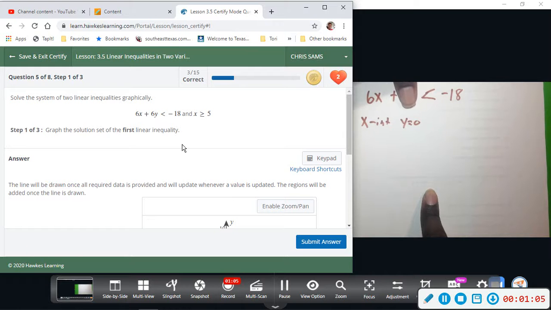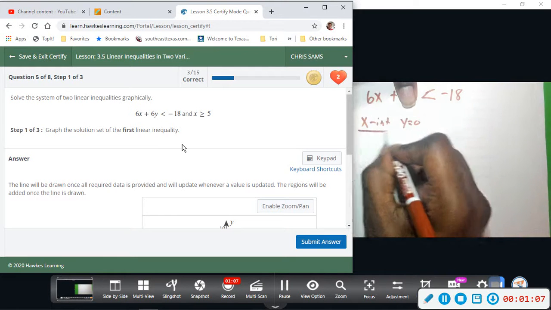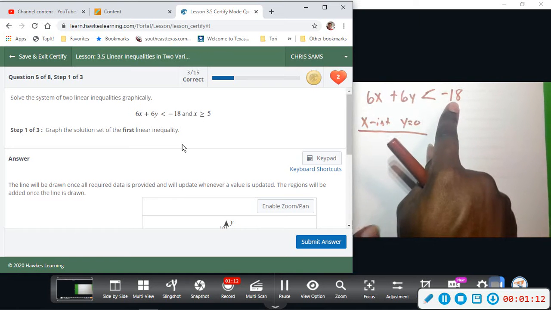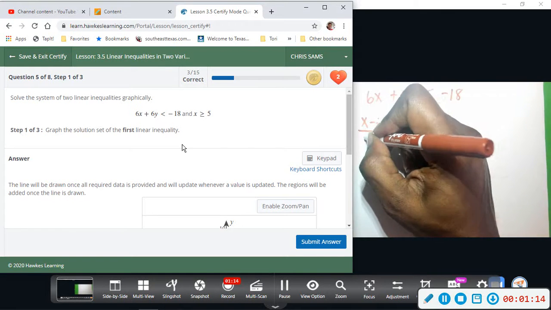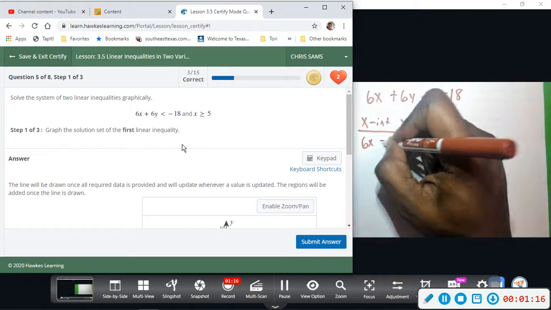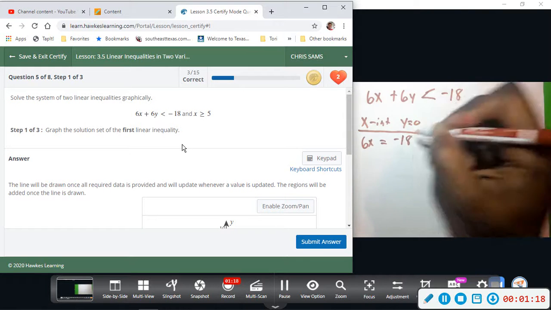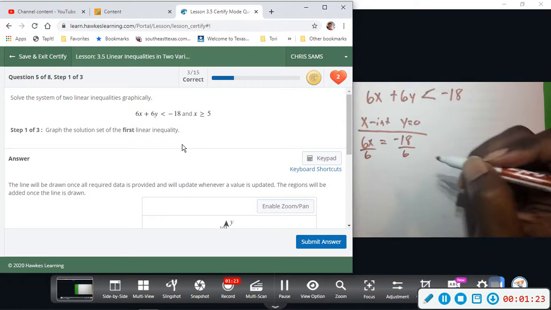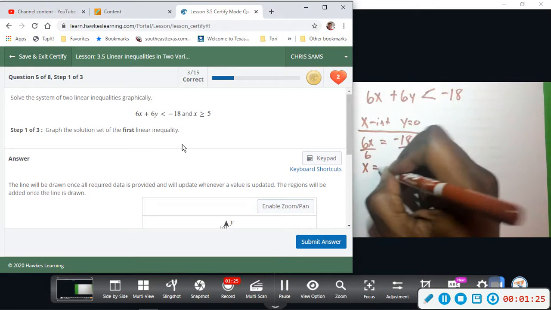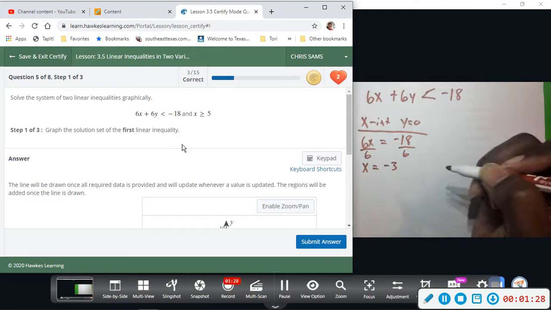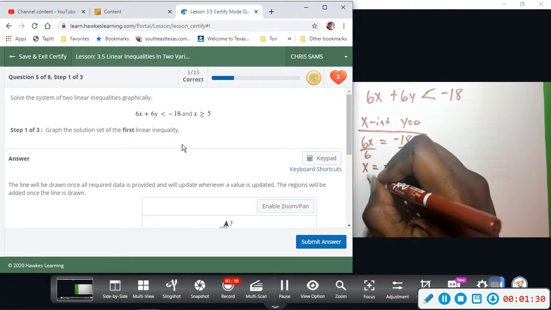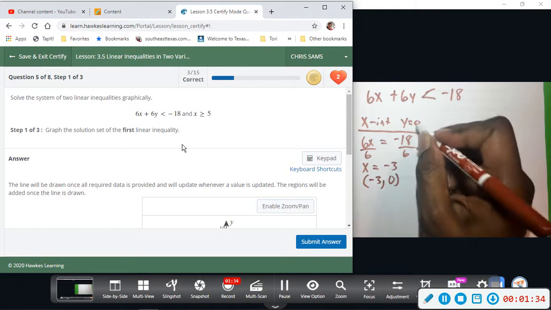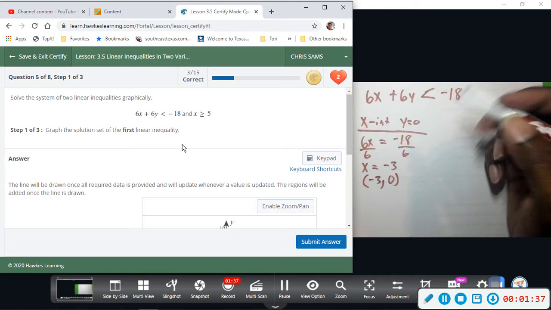When you plug a 0 in, that term goes away. So with your x-intercept, we're looking at 6x equals negative 18, because that's what we're trying to find. Then divide by 6, and that gives you x equals negative 3. So the ordered pair we get here is negative 3 for x, and y value is 0. That's always the case when we do the x-intercept.